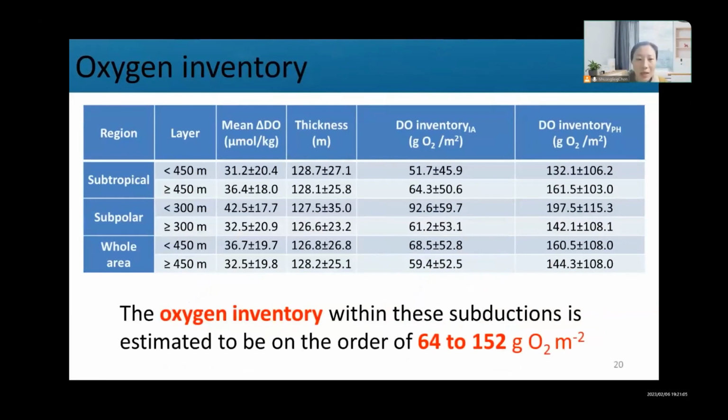square meter. However, it should be noted that based on the Argo data alone, we can't capture the big picture of the horizontal extension of the subduction because the Argo float only captures a snapshot of the subduction process. So as such, we can't estimate the exact volume of the subducted waters.